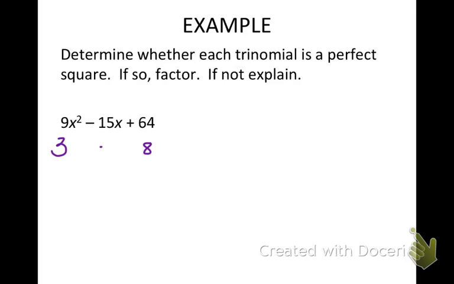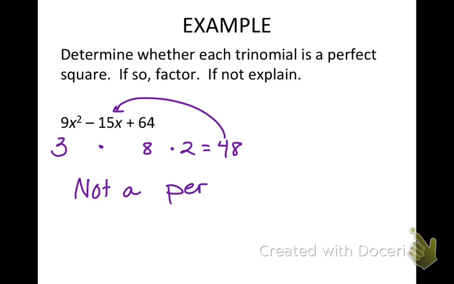So if I take 3 times 8 and then multiply it by 2, what do I get? 3 times 8 is 24. 24 times 2 is 48. Is that your middle term? No. So this is not a perfect square trinomial.